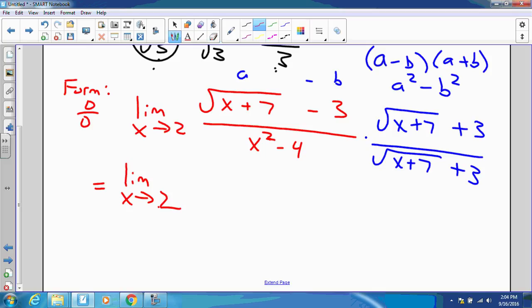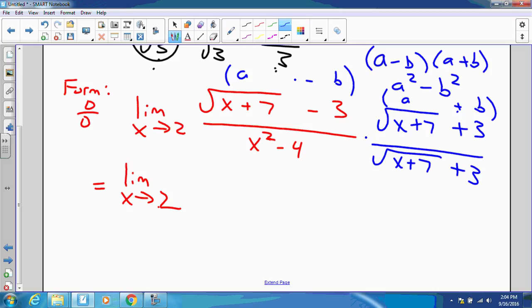Now, this quantity here, a plus b, is called the conjugate of a minus b. The same two terms with the sign changed. And so what we are doing is multiplying top and bottom by the conjugate in order to make use of the difference of squares factoring pattern.